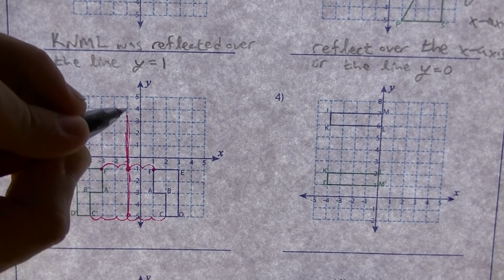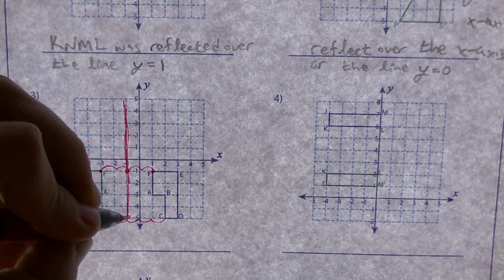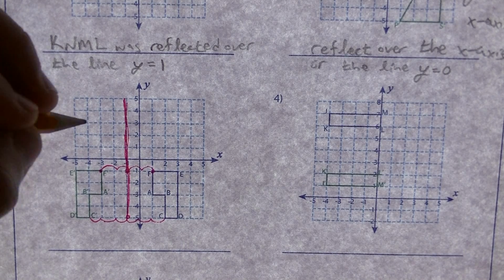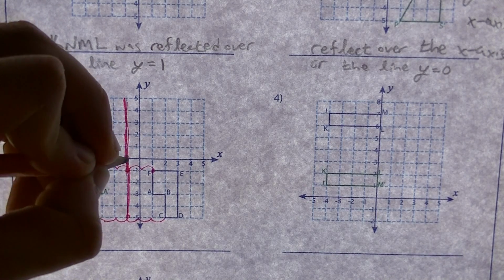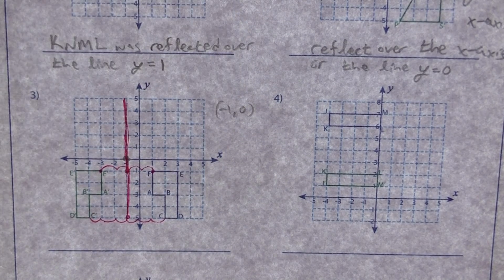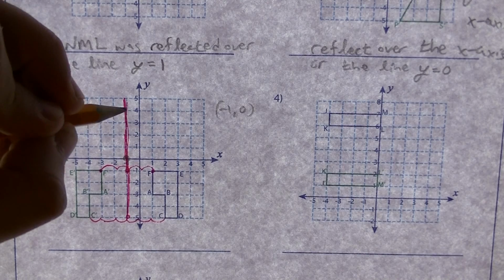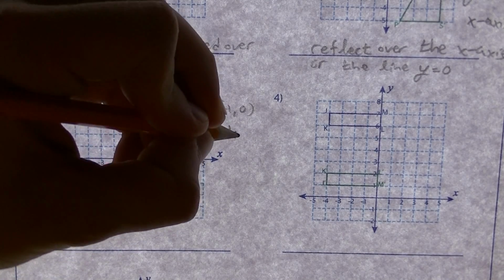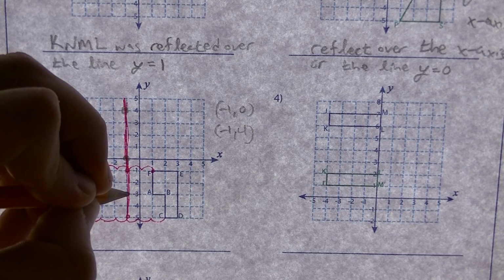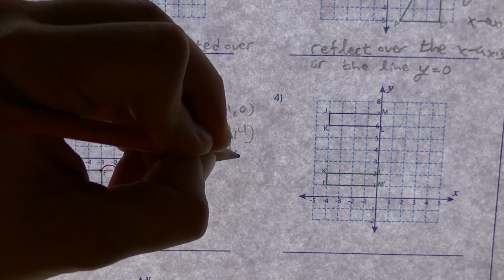So let's do one more to try and get the name of this line. Let's just plot some points on the line and see if we can figure out what the name of this line is. So I've got the point -1, 0, the point -1, 4, the point -1, -3.